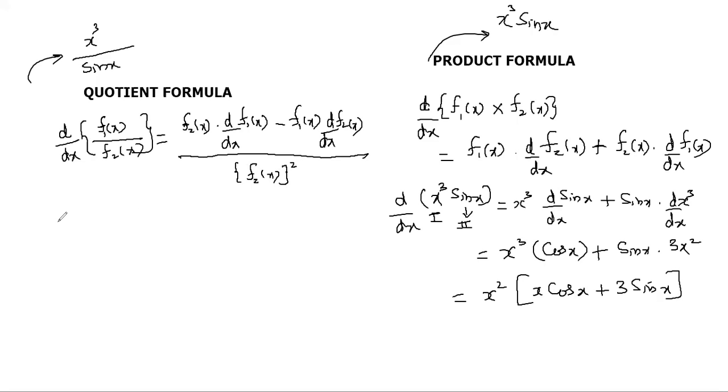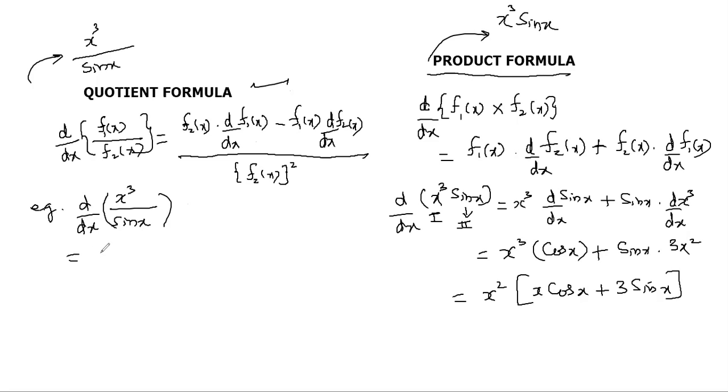Okay, so let us take one example. For example, we have to differentiate x cube upon sine x. Here you cannot change the sequence f1, f2. In product formula you can change the sequence, but in quotient formula you cannot change the sequence. Always you have to leave the denominator first.